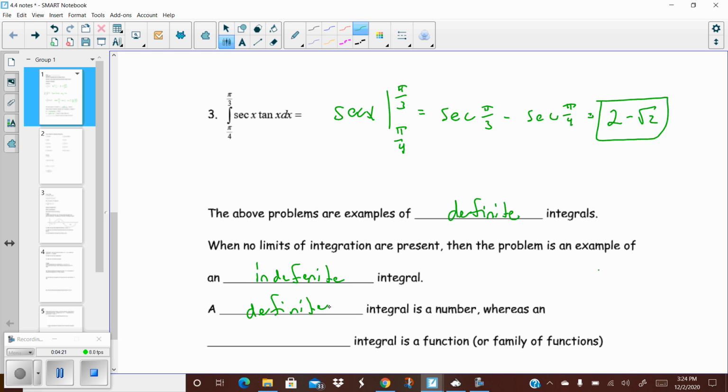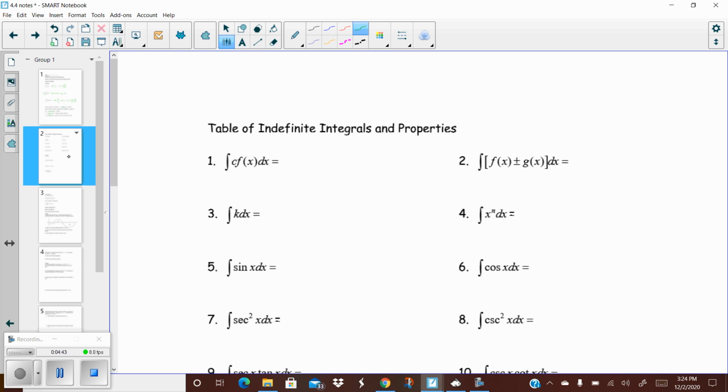We get an actual result. There's some kind of a number left over at the end of these things. Whereas an indefinite integral is a function or a family of functions. So very much like the antiderivative would give you a family of functions if it was the general antiderivative. A lot of these are going to look familiar if you've looked at the flashcards which were provided to you.